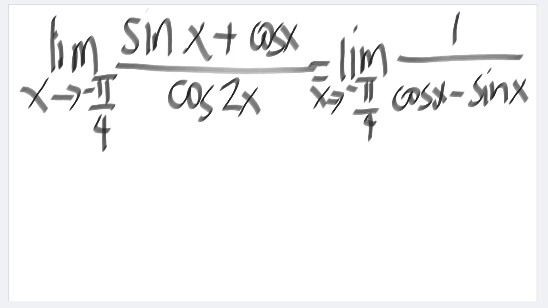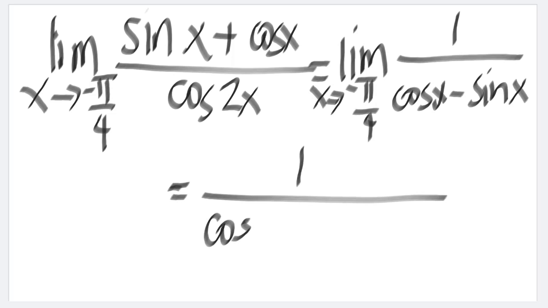Now you just substitute. That would be 1 over cosine of negative pi over 4 minus sine of negative pi over 4.